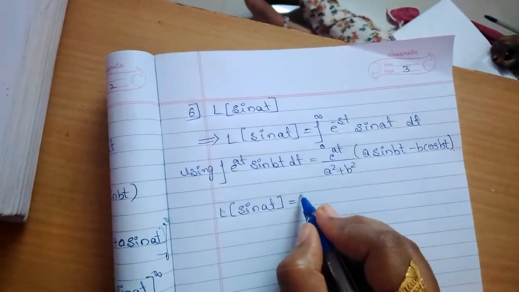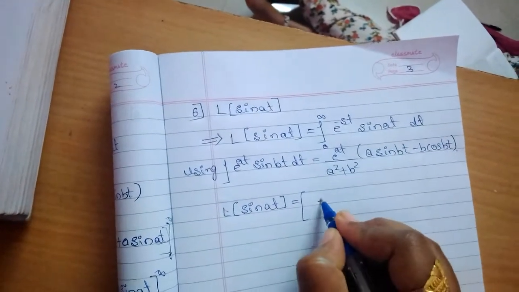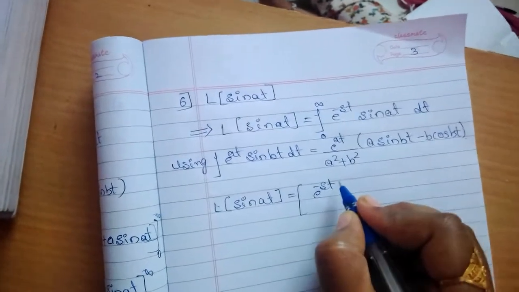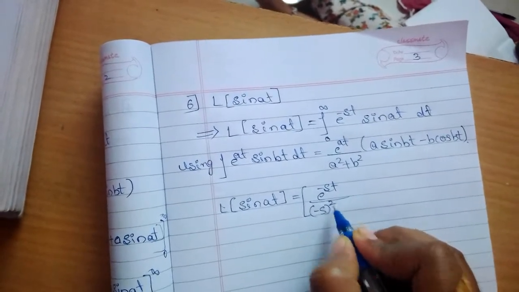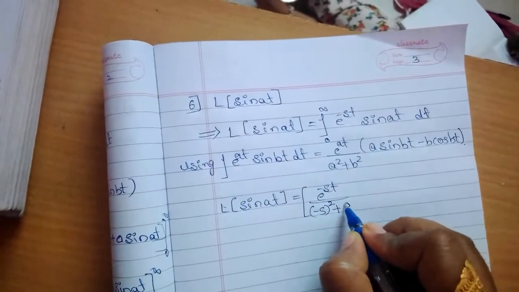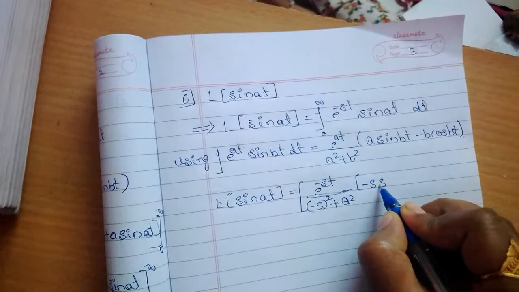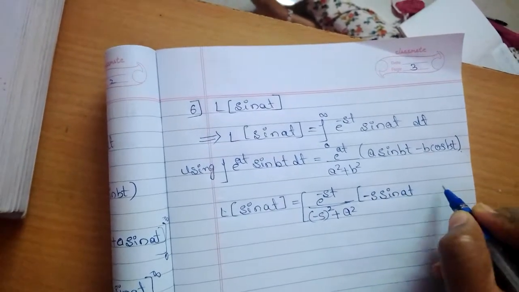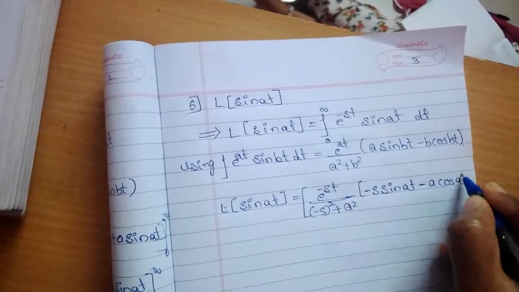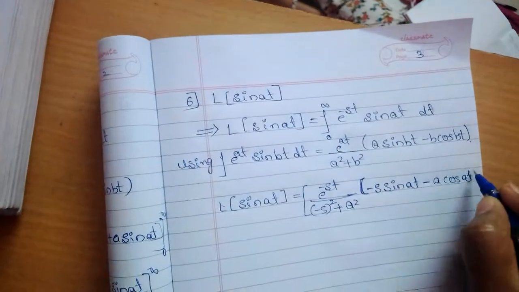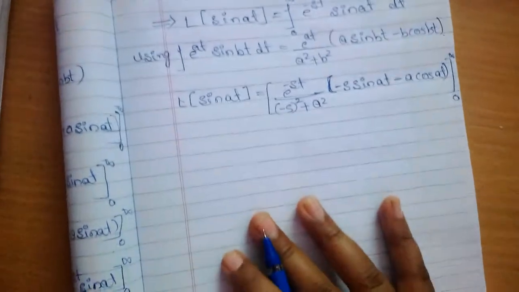We get here a value is minus s and b value is a, e raised to minus s into t divided by minus s into minus s whole square plus a square, into minus s sin at minus a cos at, open bracket, close bracket, limits from 0 to infinity.